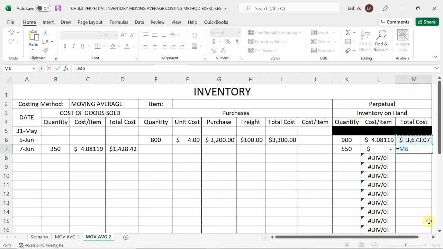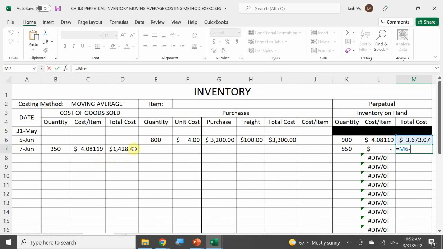And if I started out with 3673.07 and I just sold $1,428.42, how much should be my new grand total cost? 2,244.65.